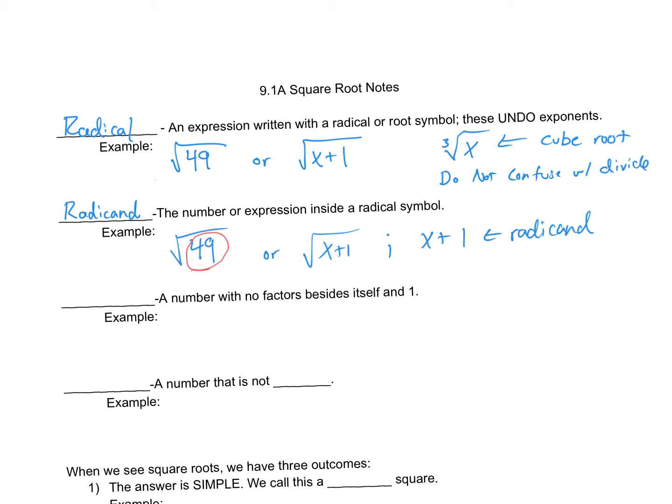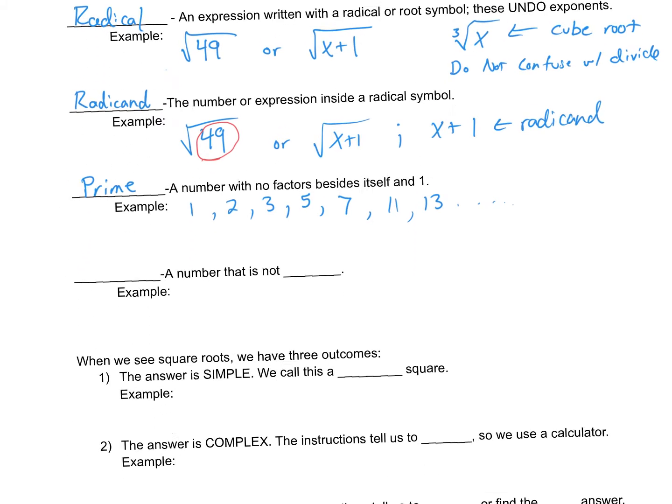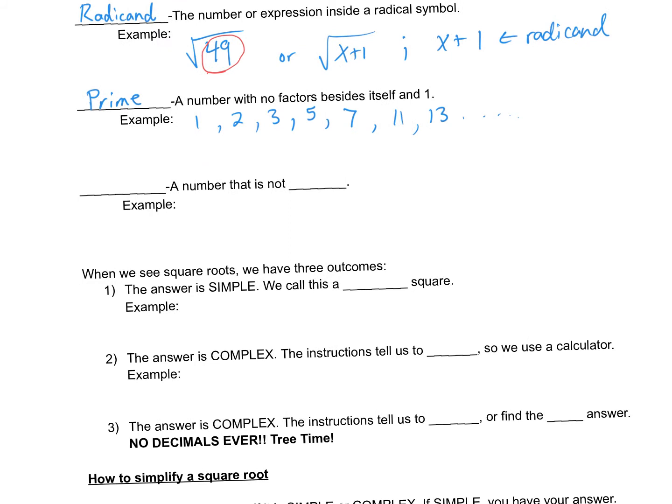Next, a number with no factors besides itself and 1 is a prime number. So examples of prime numbers are 2, 3, 5, 7, 11, 13, and so on. You can only divide it by 1 or itself. You cannot divide it by any other number.